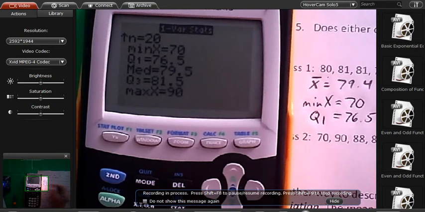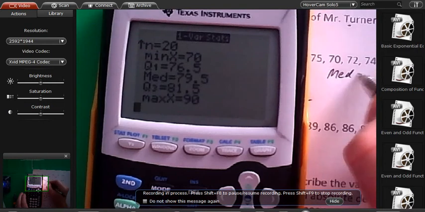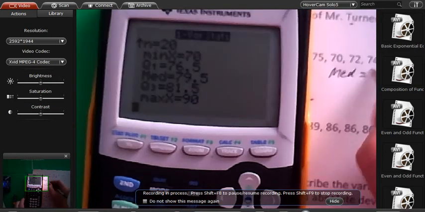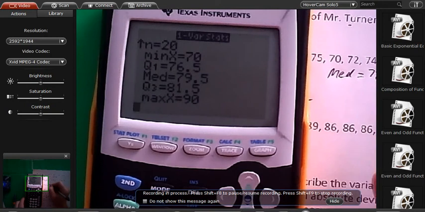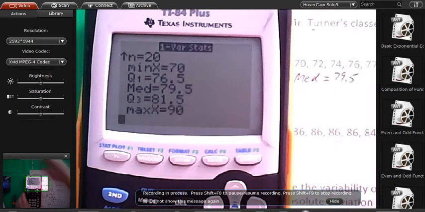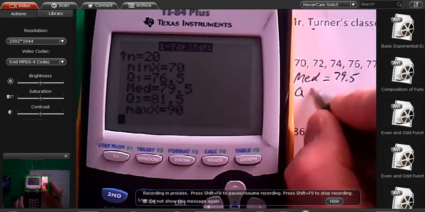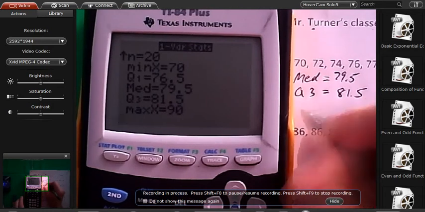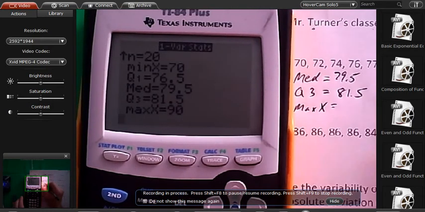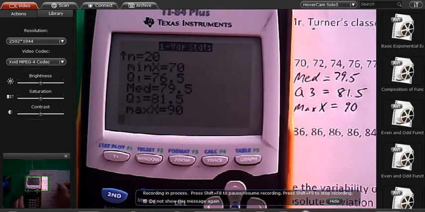Our median is equal to 79.5. Our Q3 is 81.5, and our max X value is 90. Okay, so those are some of the summary statistics that we discussed yesterday.